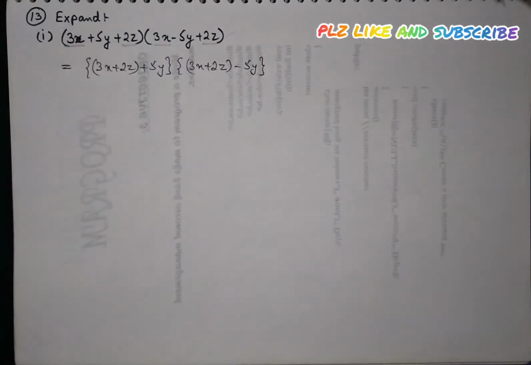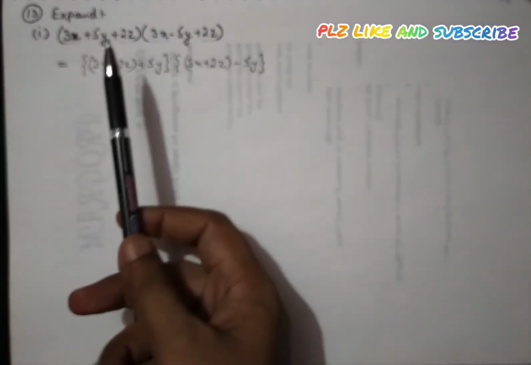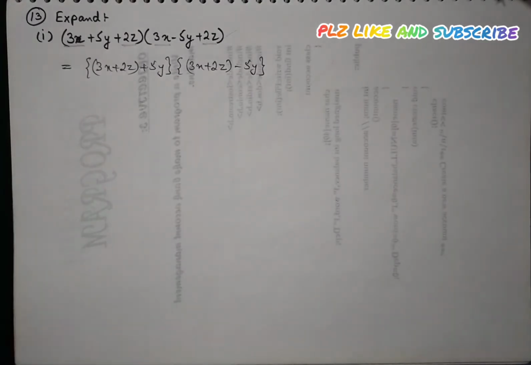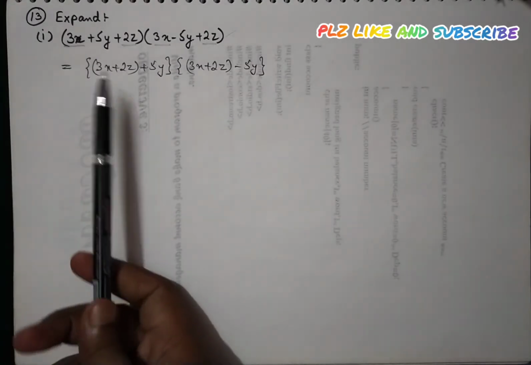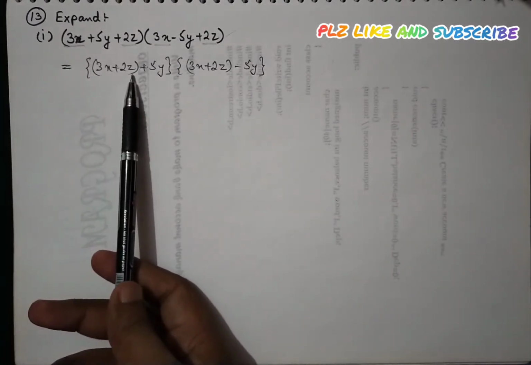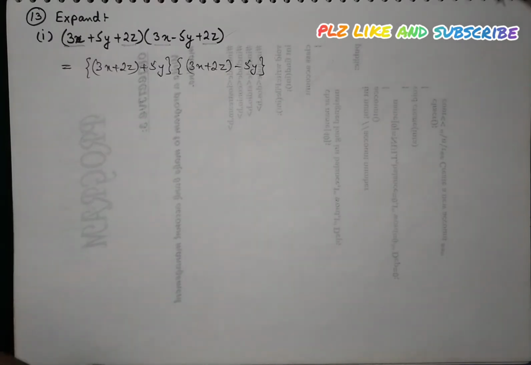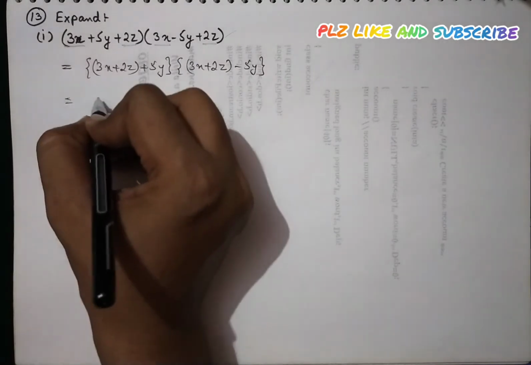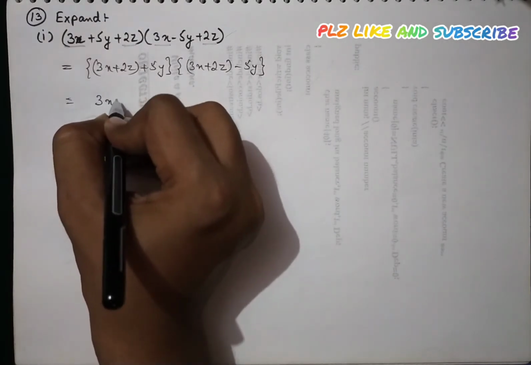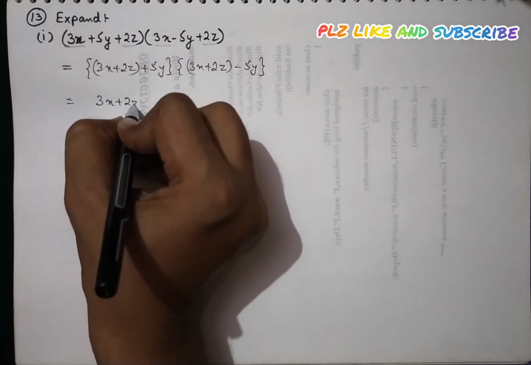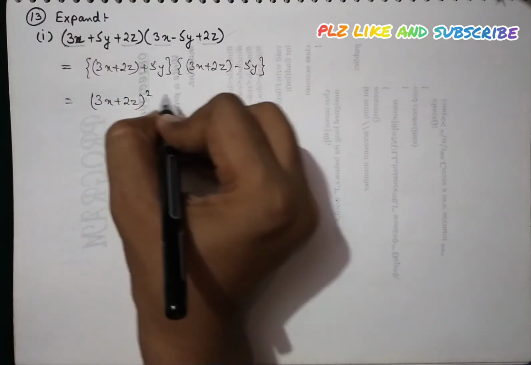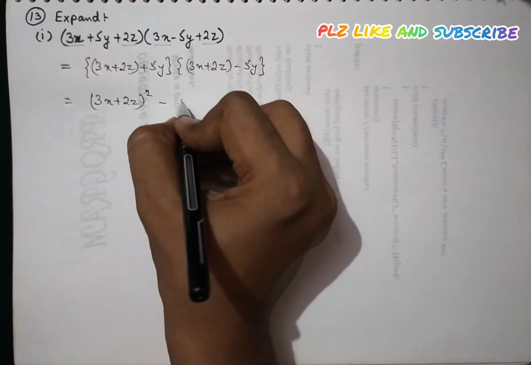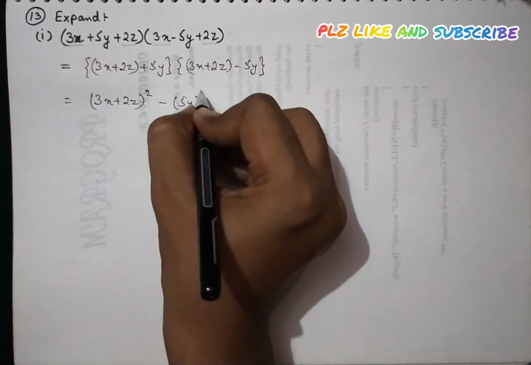Now here we are having this question in the form of a plus b and a minus b, where in place of a we are having this bracket, in place of b we are having 5y. Now we can write this accordingly, that is 3x plus 2z to the whole square minus 5y to the whole square.